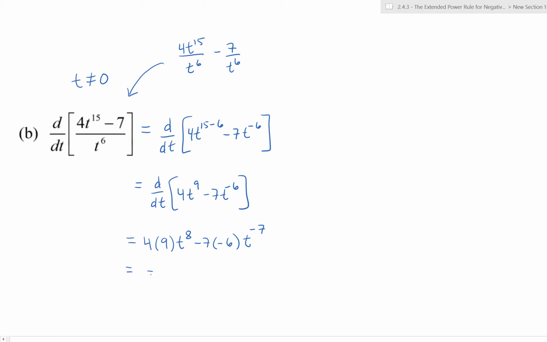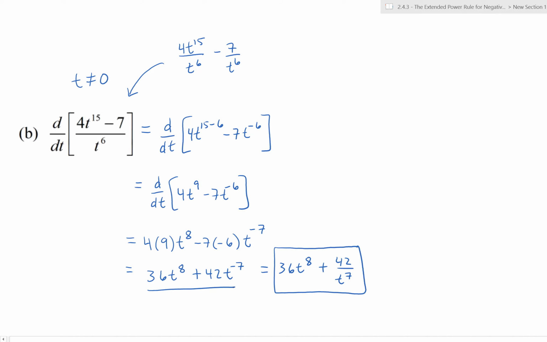And so what do we get? 36t to the 8th, and then plus 42t to the negative 7th. Again, if you prefer, 36t to the 8th plus 42 over t to the 7th. Sometimes it's nice just to write our exponents as positive in the end, but it is not completely necessary. This step right there is totally acceptable. And there you have it.